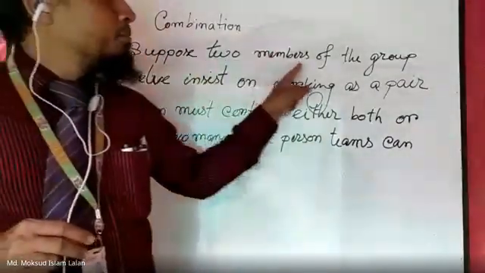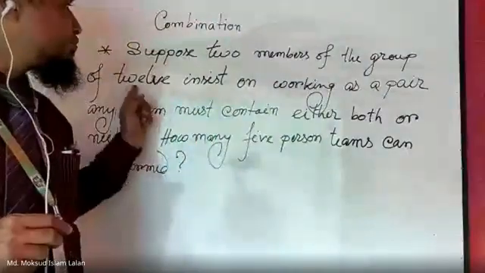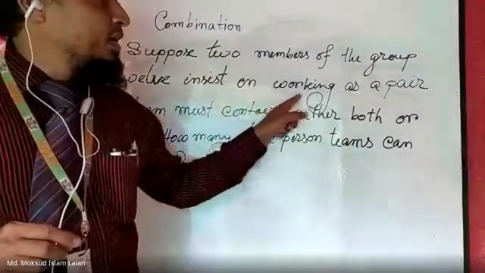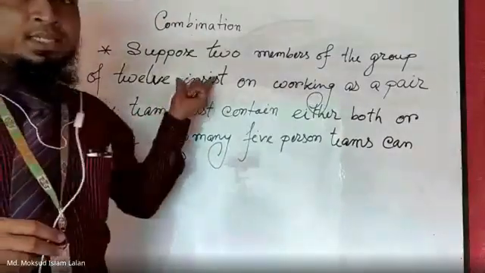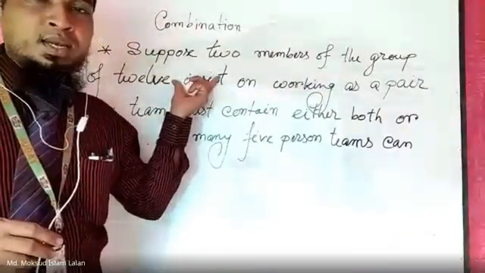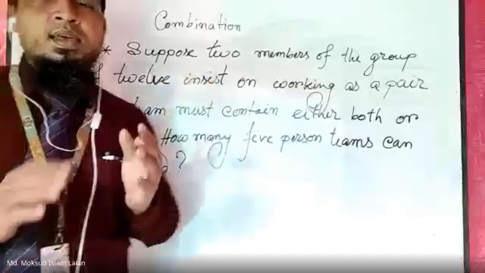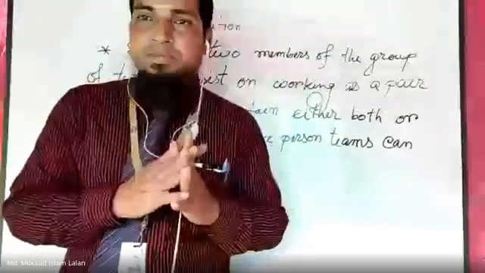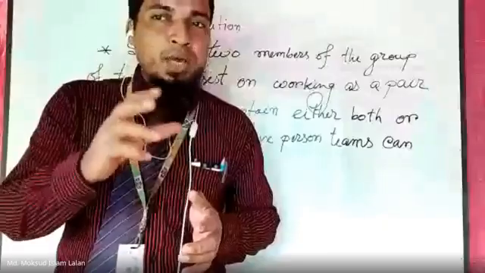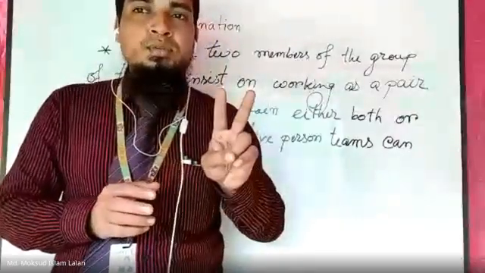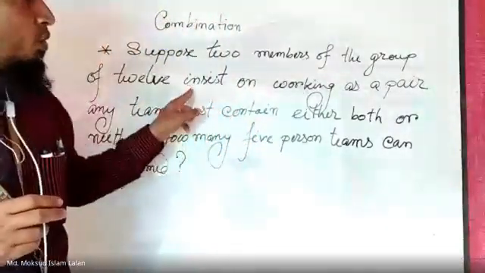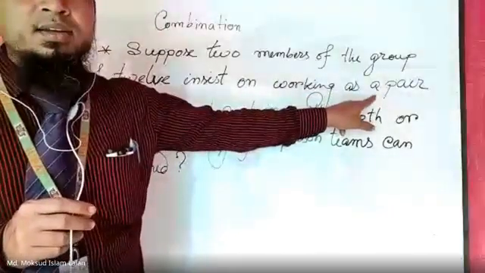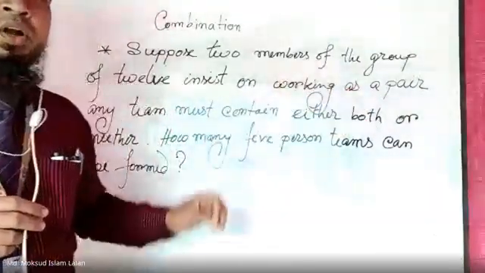Suppose 2 members of the group of 12 insist on working as a pair. Among 12, 2 persons are working as a pair.